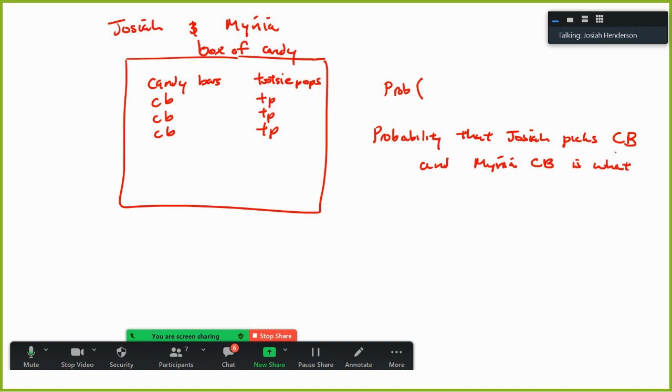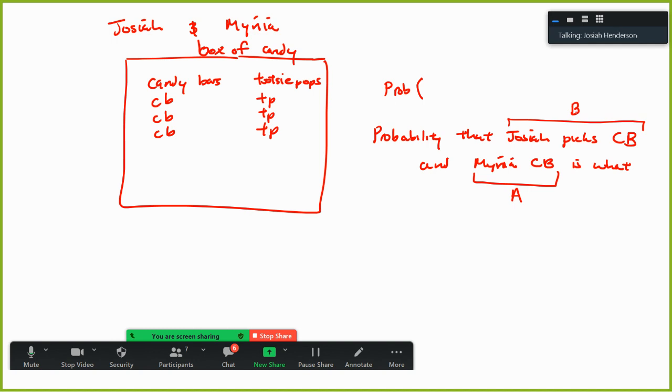What's the probability that we both reach in one after the other and pick a candy bar? Let's say that Mania goes first. Then I'm going to go second. So she is event A, picking a candy bar, and then Josiah, me, is event B, secondly.